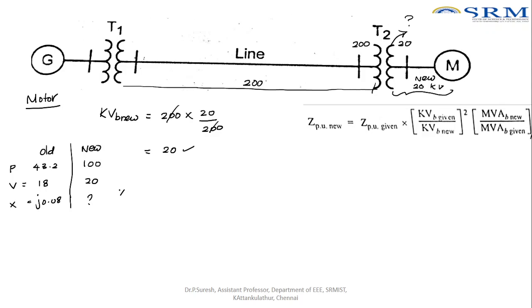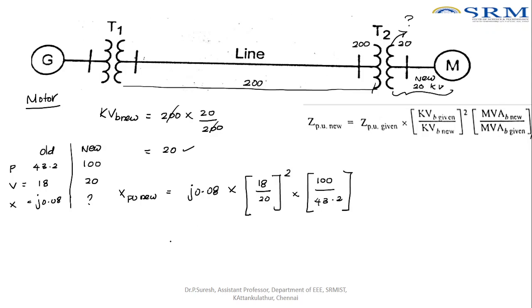So X per unit new is equal to the old value, J 0.08, multiplied by the old voltage by new voltage, squared. What is the old voltage? It is 18 by the new value 20, whole square, multiplied by the new power, 100, by the old power, 43.2.